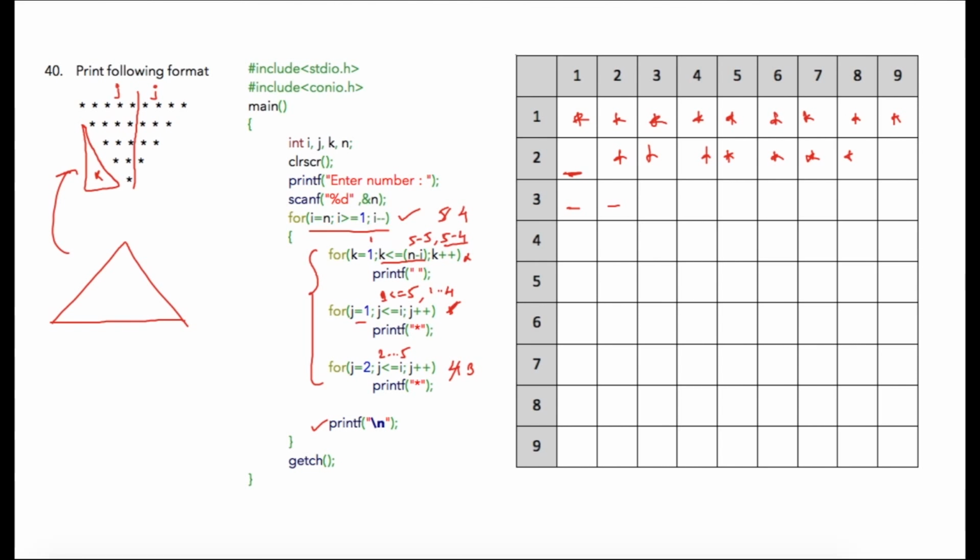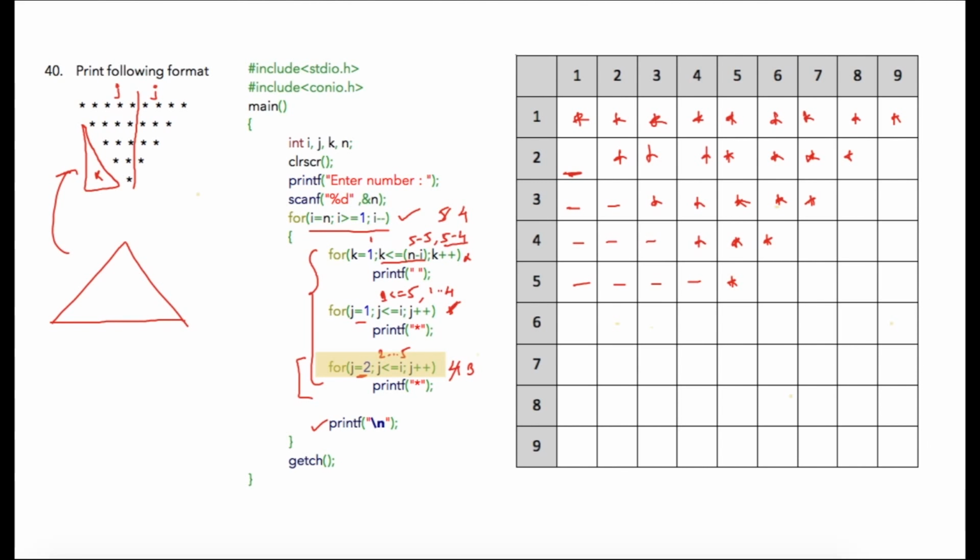Spaces will be incremented, and the number of stars will be decremented for j in both the for loops. In the fourth iteration there would be 3 spaces and 3 stars in total, then 4 spaces and a single star. The final loop of j will not be executed because in the final iteration i will be 1, and because we are initializing j with 2, 2 cannot be less than or equal to 1.